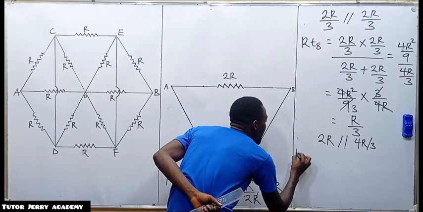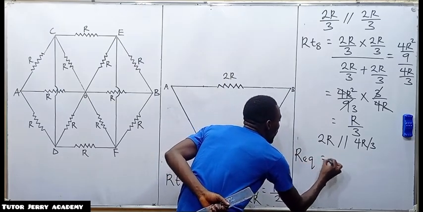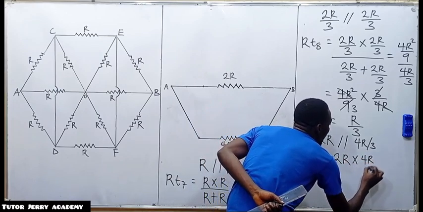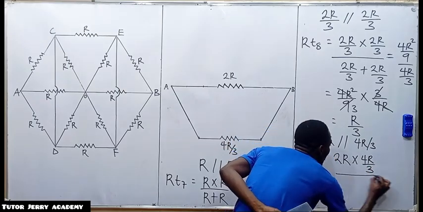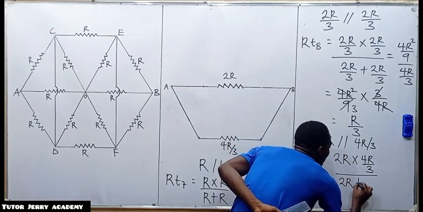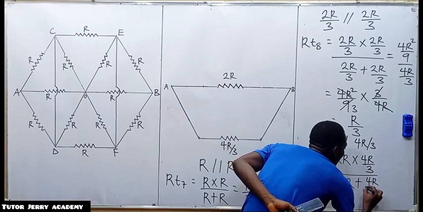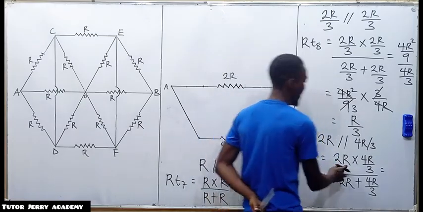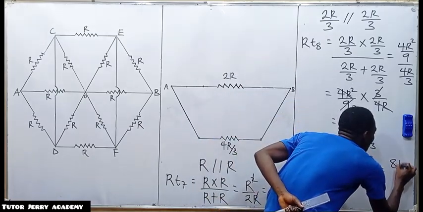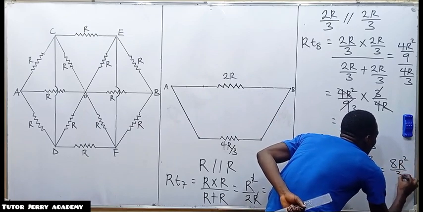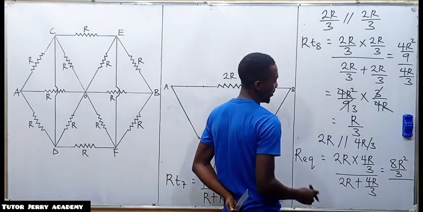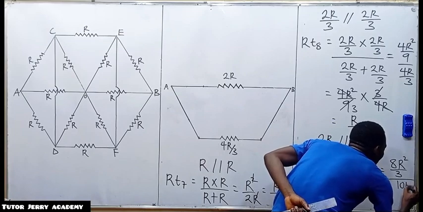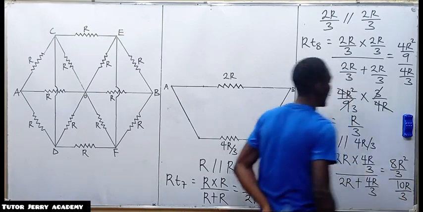So our equivalent resistance will be equal to 2r multiplied by 4r over 3 all over 2r plus 4r all over 3. So this will be equal to 8r squared all over 3 divided by 3 times 2 is 6, that is 10. So 10r all over 3.